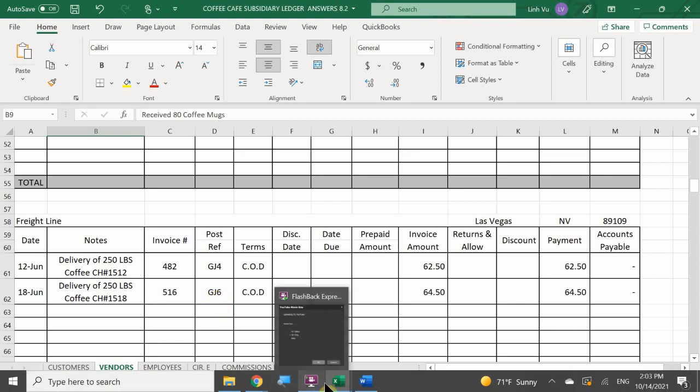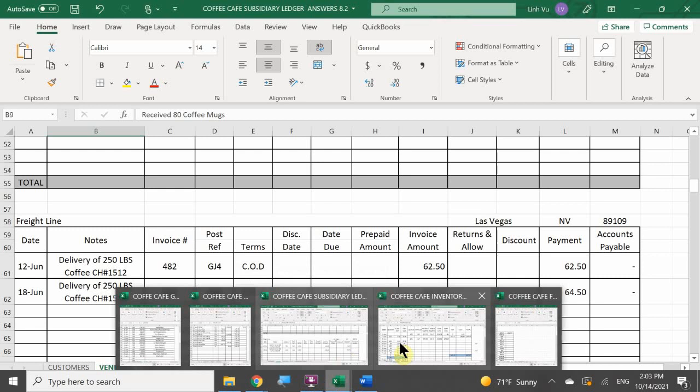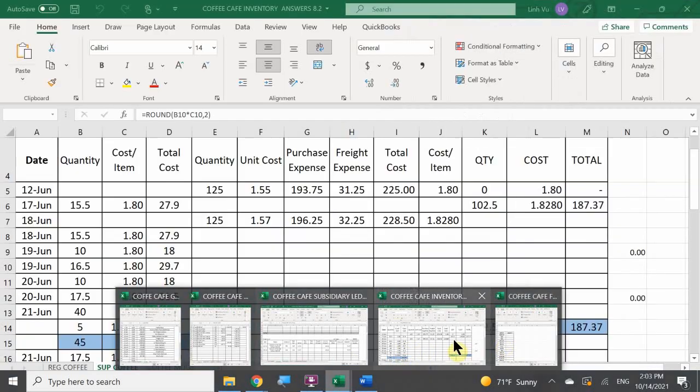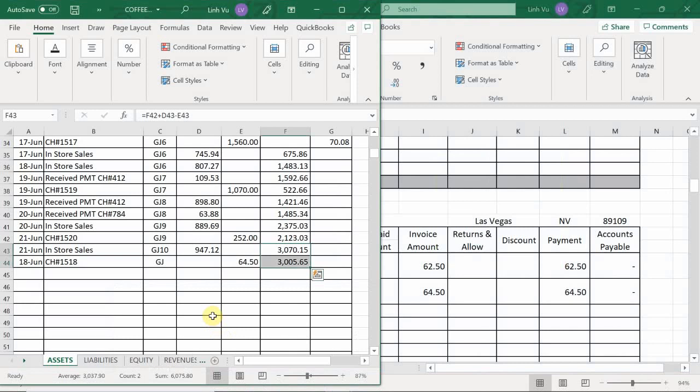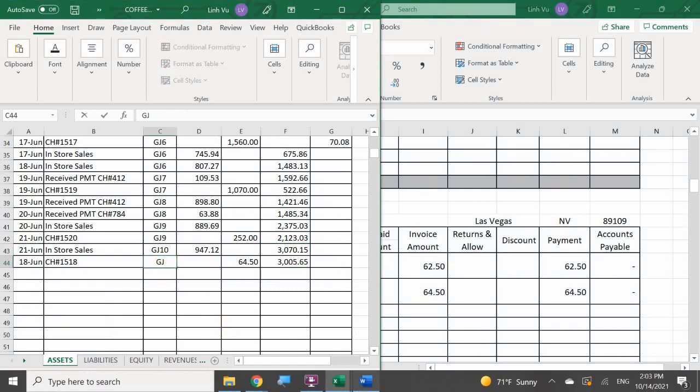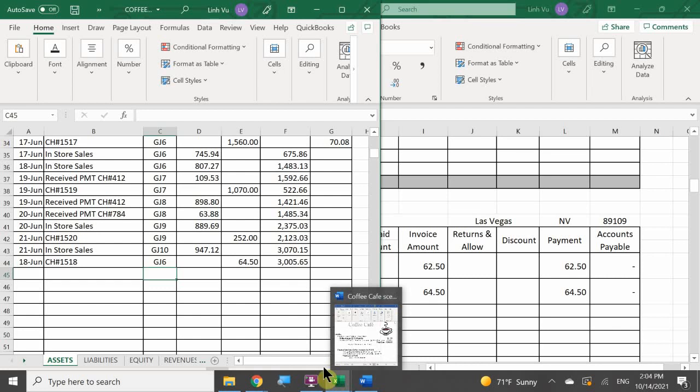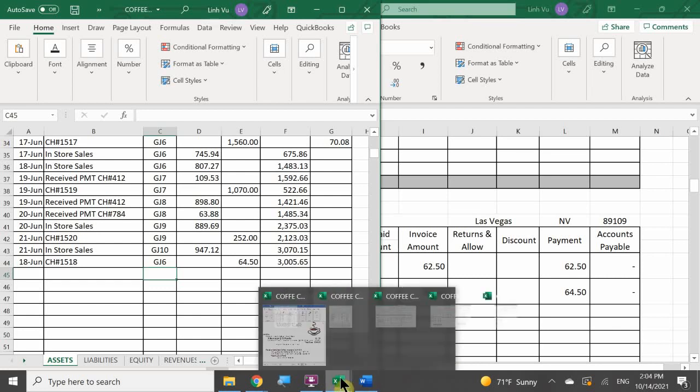Yeah, we can check the regular coffee and the supreme that has 32 on freight. Yeah, we already calculated. What we forgot to update was our checking account. So in this case, general journal page 6 is what it used to be on. So we have to just insert it there, okay? And then we'll just go forth going on there. So in this case, we found our discrepancy, right?